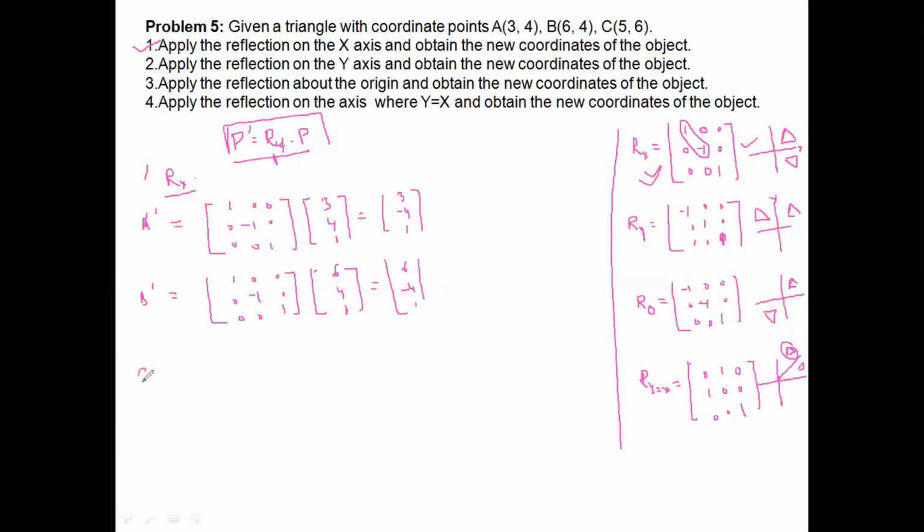Okay, then c dash, reflection matrix x-axis, and c dash is 5 6 1, and the new point you will get is 5 minus 6.